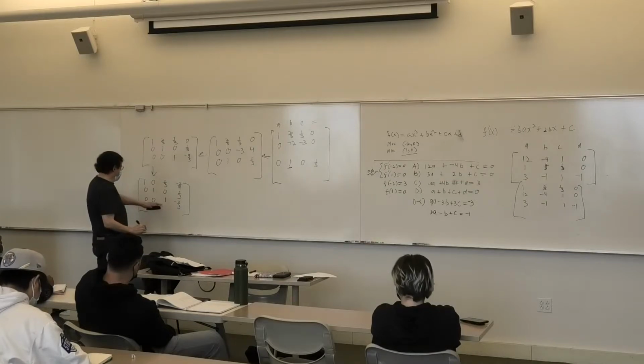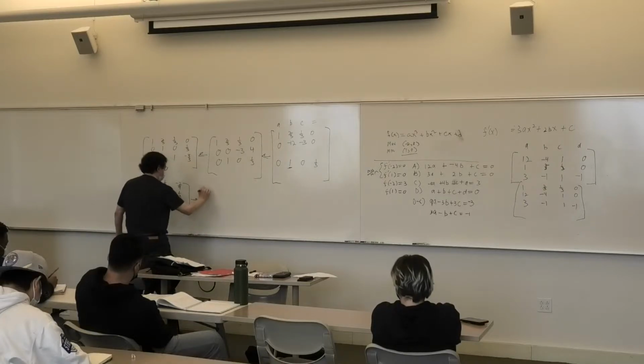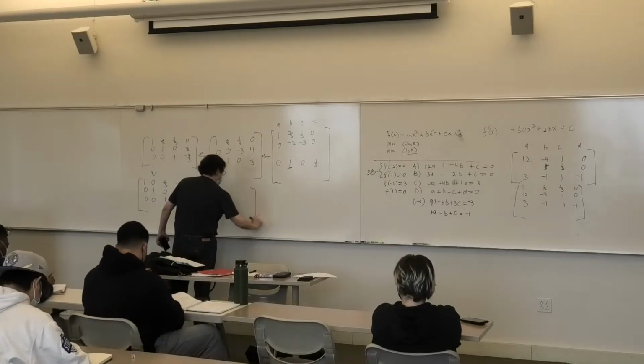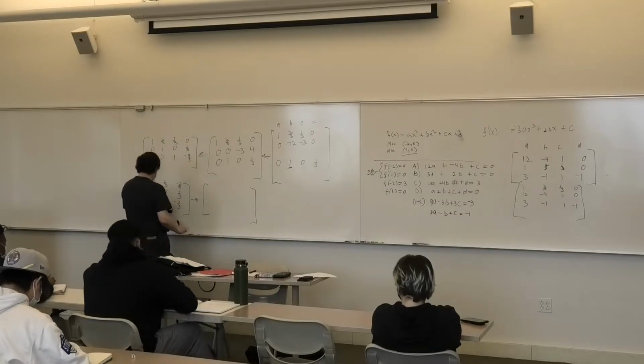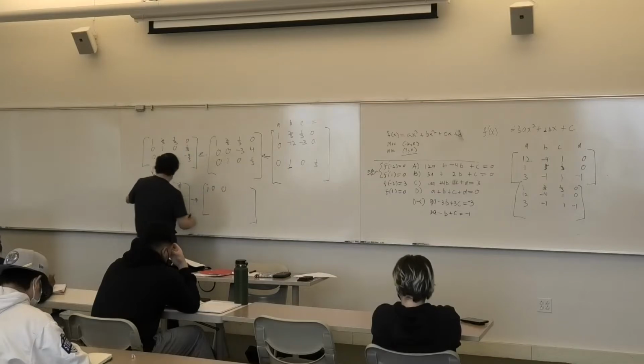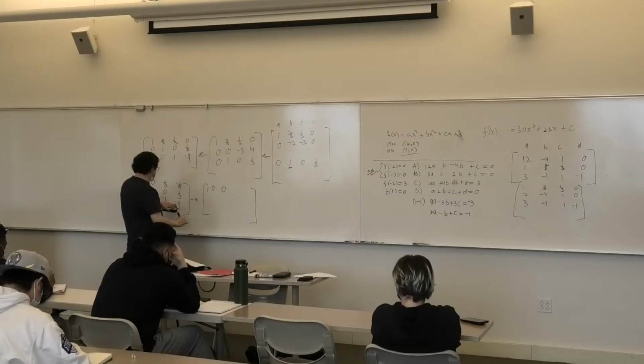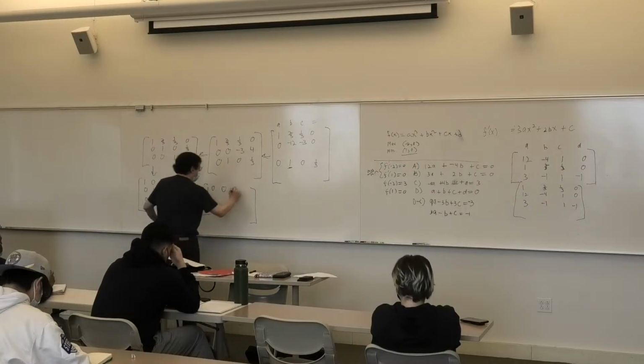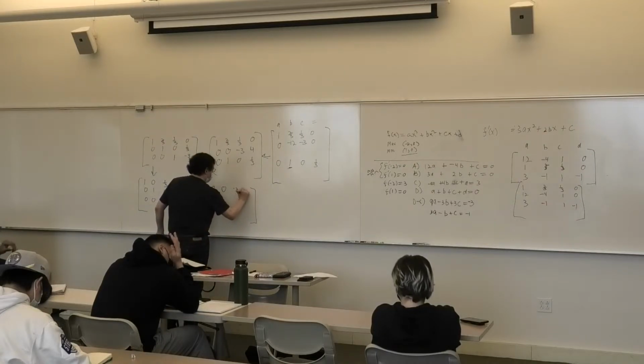And now I want to multiply this by -1/3 and add it here. So that's going to be 1, 0, 0 times -1/3 is 4/9. -2/9 plus 4/9.